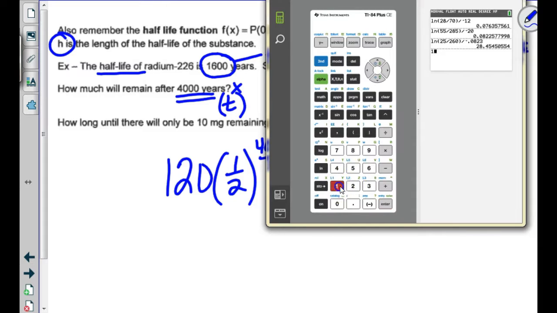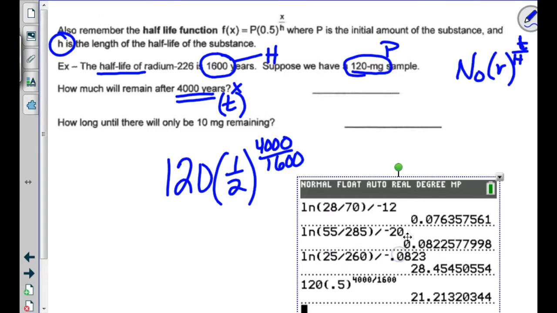So when we go 120 times 0.5 or 1/2 to the power of 4,000, make sure you're still in the exponent powers, so you need a parenthesis if you're doing this on an old calculator, divided by 1600. I got 21.2, okay? So out of our 120 milligram sample, there is left 21.2 milligrams.